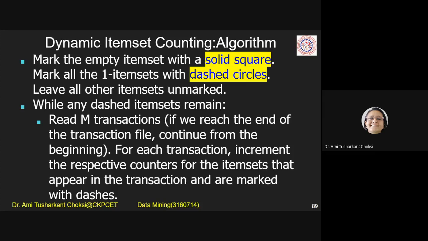Solid means confirmed and box means frequent. Wherever the empty item set is there, make it a solid box or solid square. That means it is frequent.